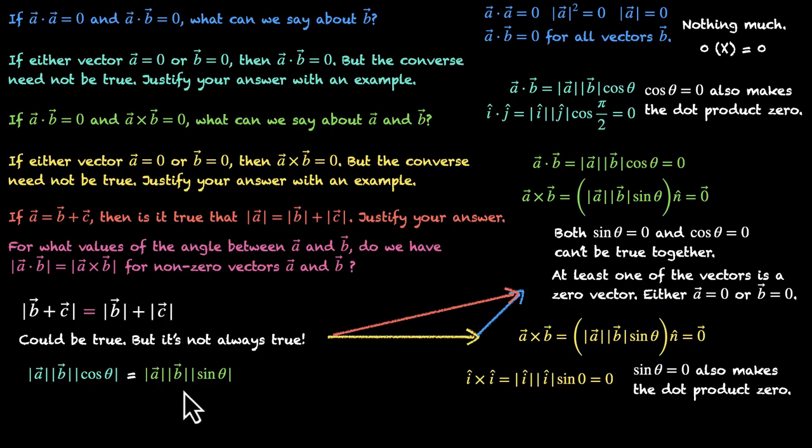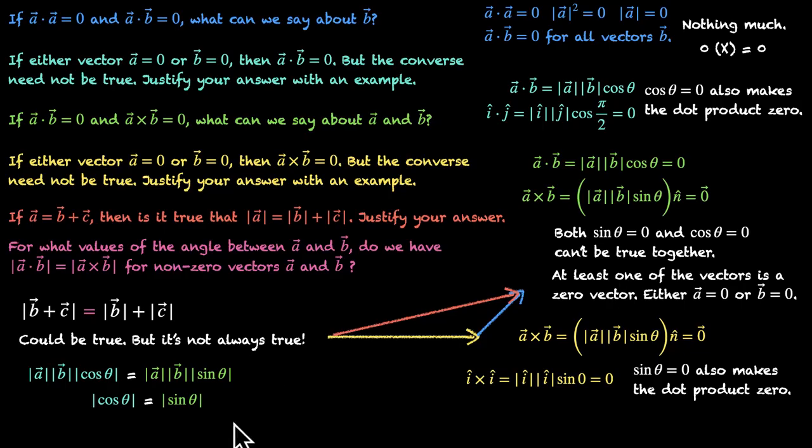So these two things are equal and A and B are non-zero. So we can cancel mod of A and mod of B from both sides. What we'll have is mod of cos theta equals mod of sine theta. So the magnitude of cos theta is the same as the magnitude of sine theta. And that happens when theta is pi by 4, when both of them are equal, or when both of them are opposite of each other, when one is negative, that's when theta is 3 pi by 4.